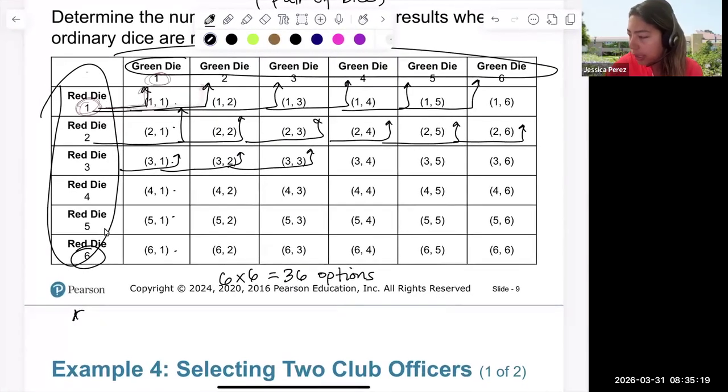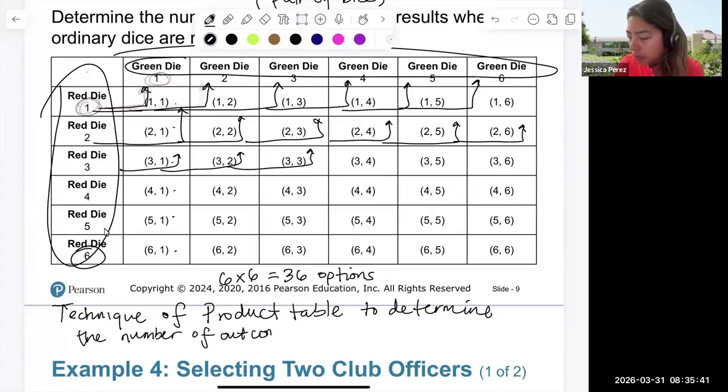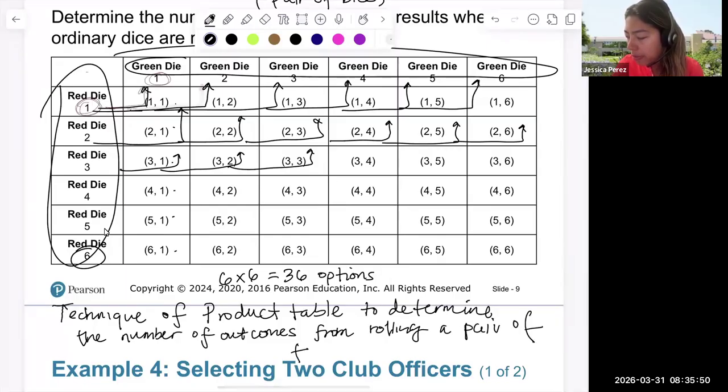So we use the technique of a product table to determine the number of outcomes from rolling a pair of dice, and it's fair dice, because some dice are not fair.